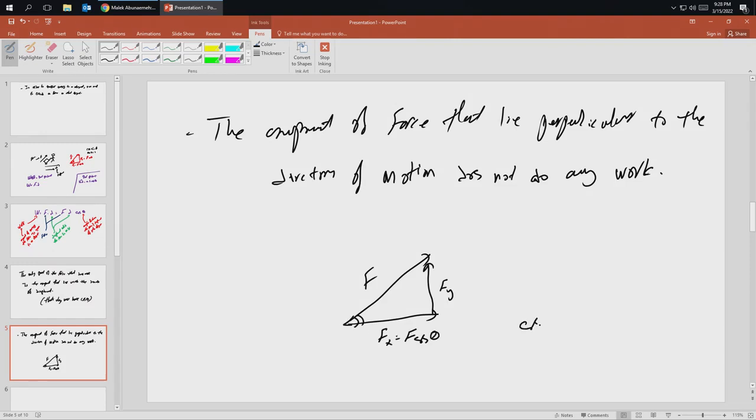Again, cosine 90 is going to equal 0, and cosine 0 degrees is going to equal 1. With this being F sine theta, this component does not do any work because it's going to go to 0. Regardless, you get a 90-degree angle.